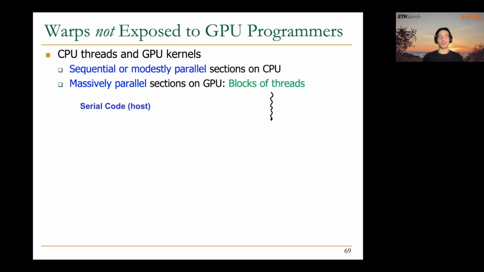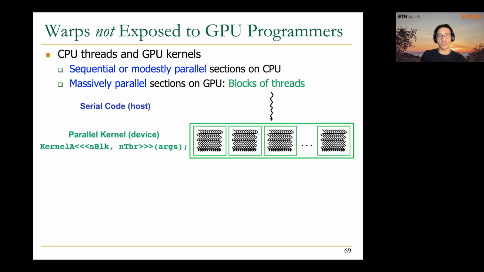It's not just writing the code for a thread and then assuming that we are going to launch thousands or millions of threads, but also that we can group the threads into a software construct that we call a block. Later these blocks are going to be assigned to the GPU cores and executed, forming warps, as we will see. The typical structure of a program is going to be CPU threads executing serial or modestly parallel code.